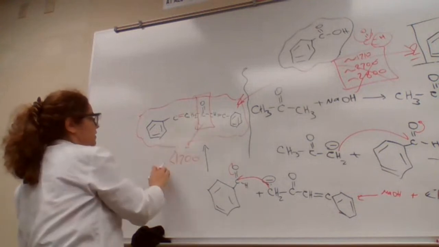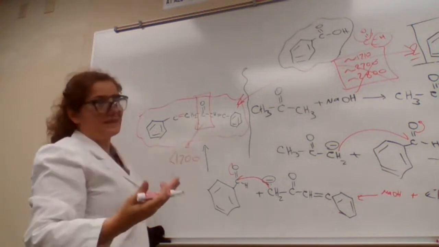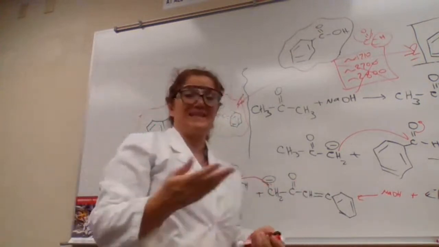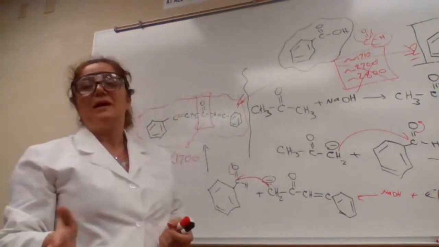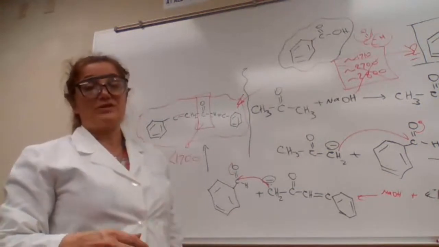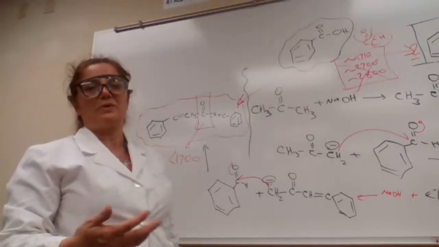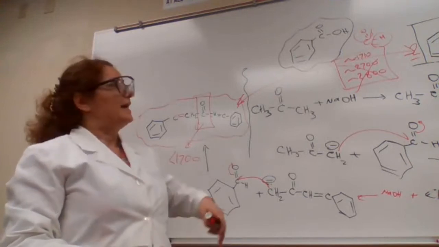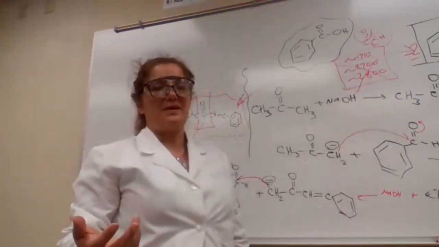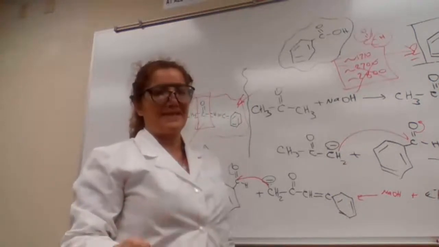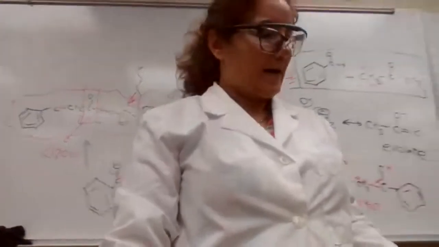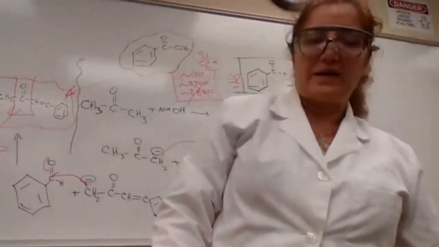The C=O double bond should be less than 1700, like 1680 or 1690; anything less than 1700 is acceptable, and it proves that your C=O double bond is super conjugated. If you don't see these peaks, then you know that your compound is free of benzaldehyde. So benzaldehyde is purified from your product, and the final product has formed.